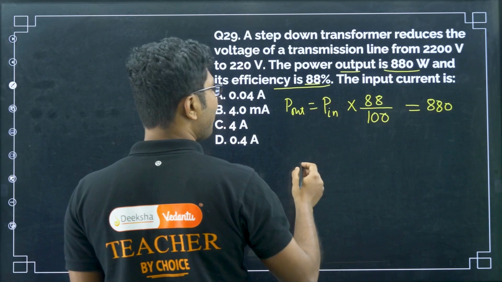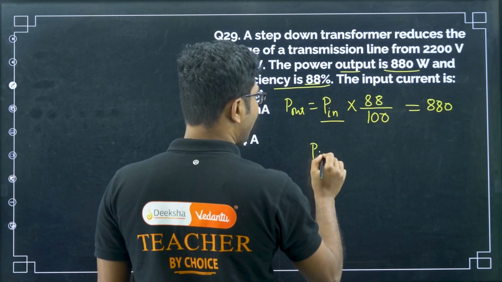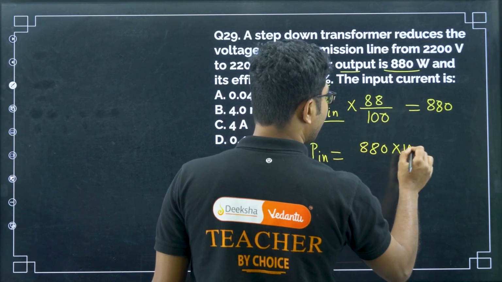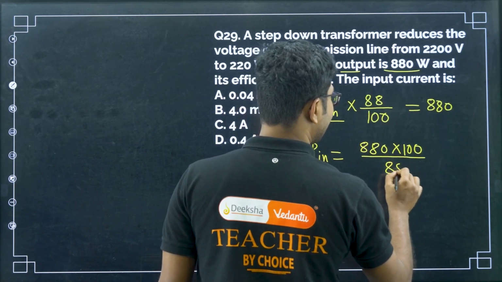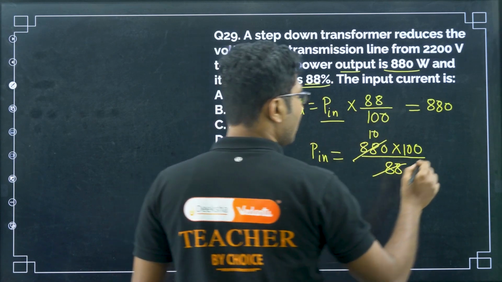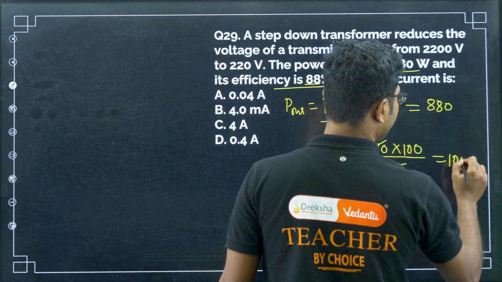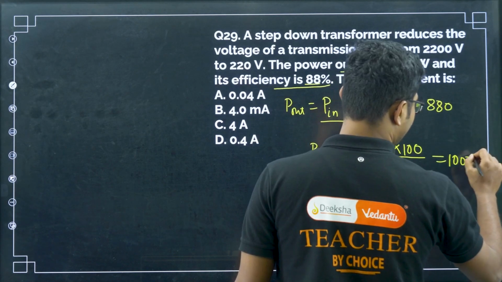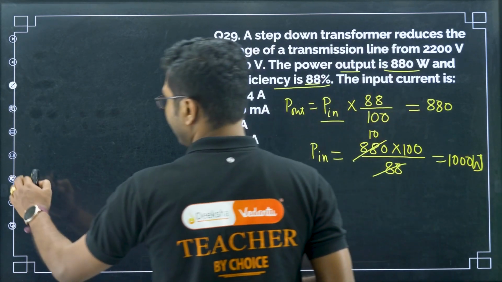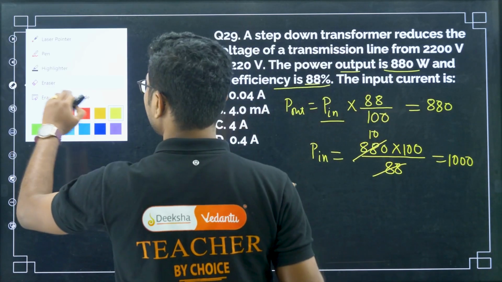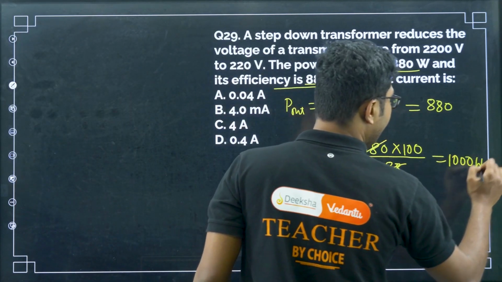Now we have to calculate power in from this. So power in is equal to 880 into 100 divided by 88. So power input is 1000 watts. So we have calculated the power input.